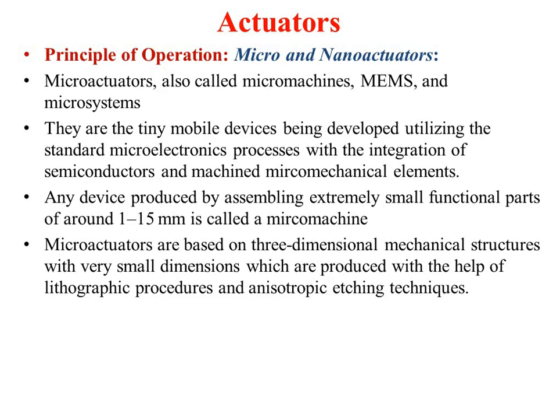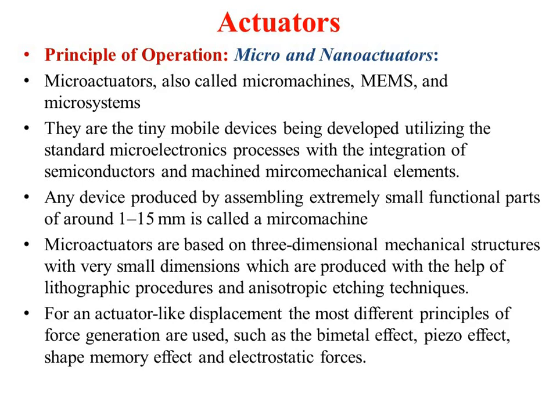Depending on the positive or negative type of photolithography process, the part is etched, and anisotropic etching techniques we have already seen in previous lectures. For an actuator producing displacement, different principles of force generation are used, such as the bimetal effect, piezo effect, shape memory effect and electrostatic effects.